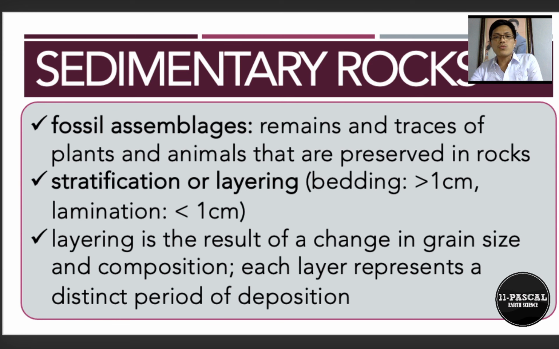So when we go to the different processes, especially on the layers of the earth or the layer strata, you will see there that the sedimentary rocks are actually very important in determining the age of the earth. Okay, so we have a separate discussion about that one.